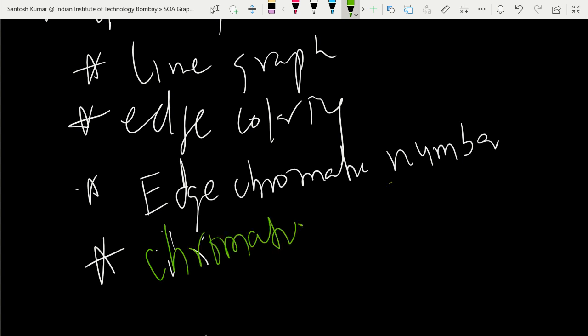So this is the same as edge, है ना? Edge chromatic number is chromatic index, we call it the same thing.